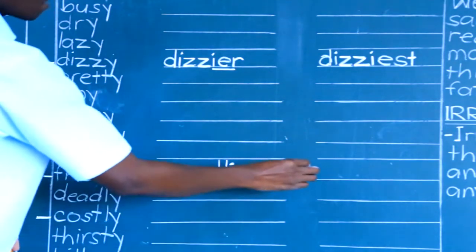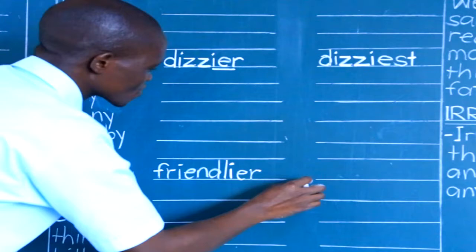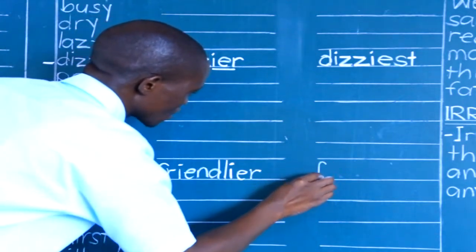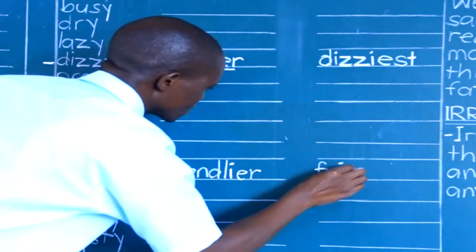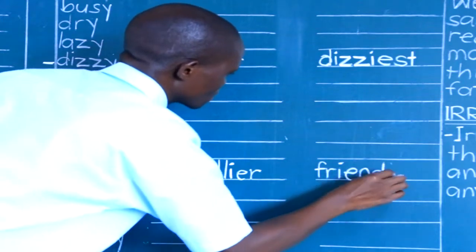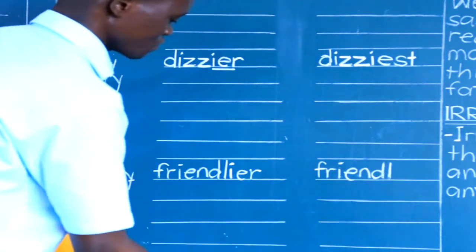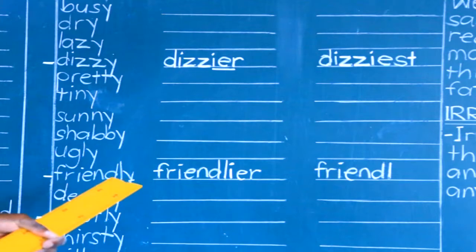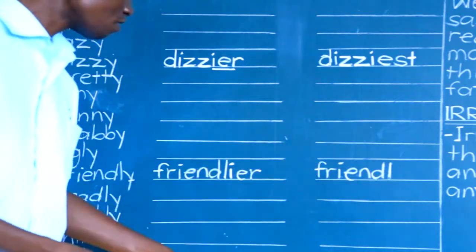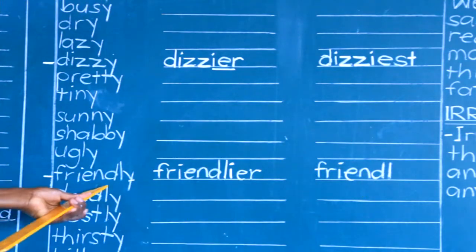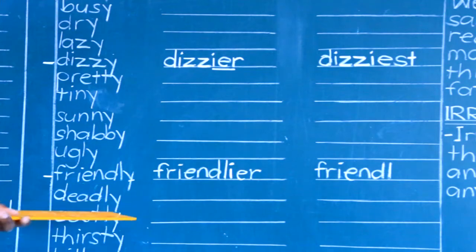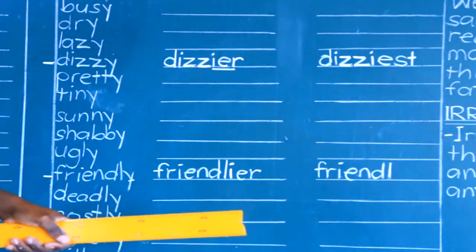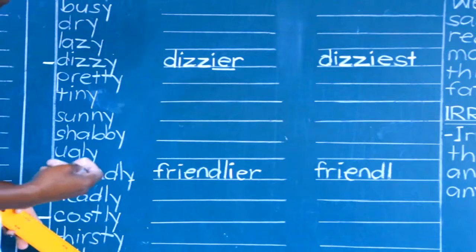After friendlier, go to the superlative and write FRIENDL. Remember we said we don't need the last y. Why? It is coming after a consonant in this adjective in the positive degree. But much as we don't need it, it should have other letters to replace it.